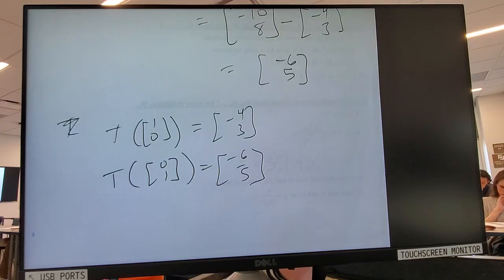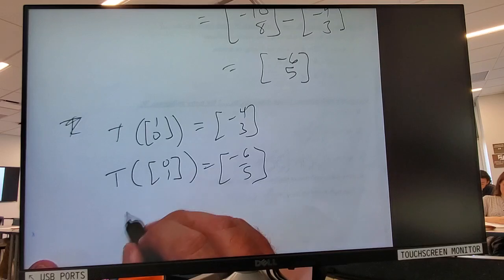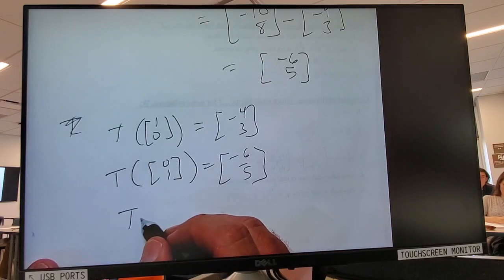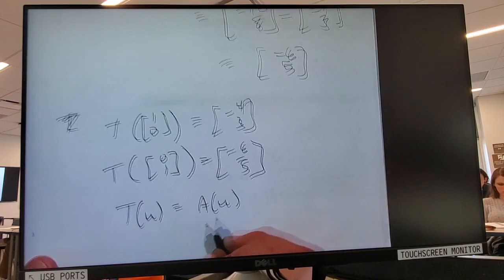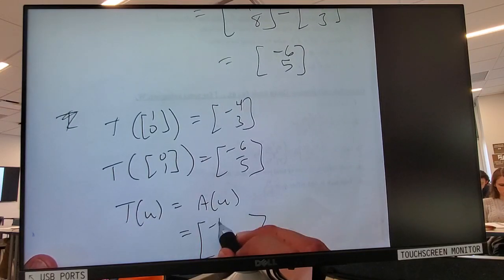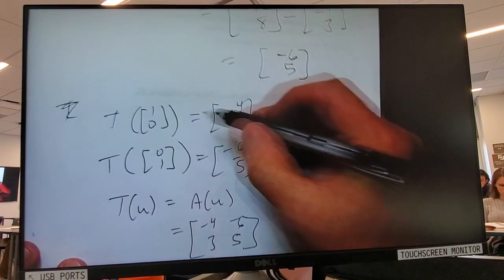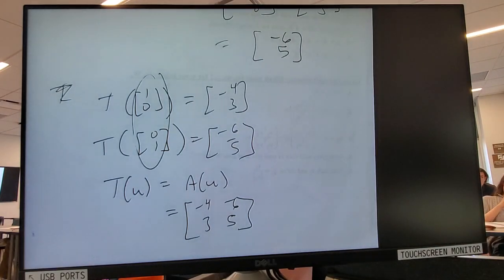So what matrix could I set up that would actually accomplish what T does? (-4, 3). Yeah. So T of u equals A of u. A would be just (-4, 3), (-6, 5), because I actually got what it does to the basis vectors, yeah? There are ways around that if you don't have it, but that's the easiest way to set that up.